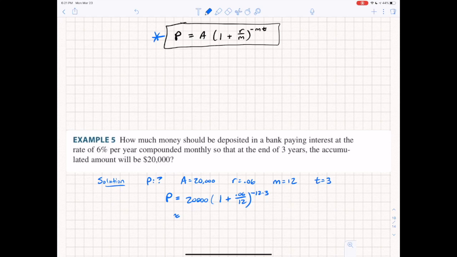And when you use a calculator to compute this, this will give me the present value, which comes out to be approximately $16,713. So I need to deposit this amount if I want this amount at the end of 3 years.